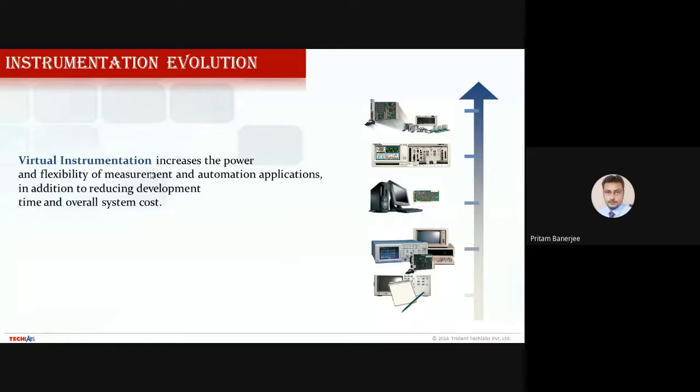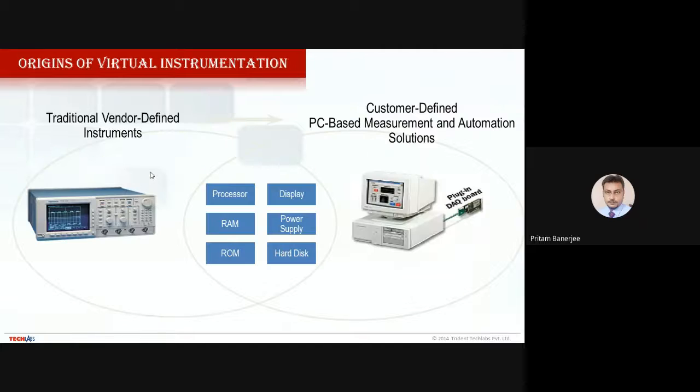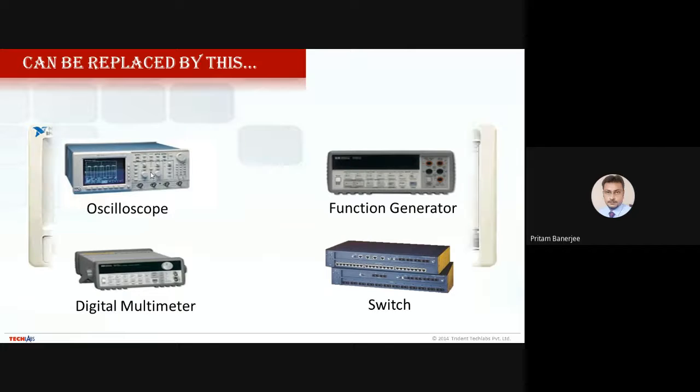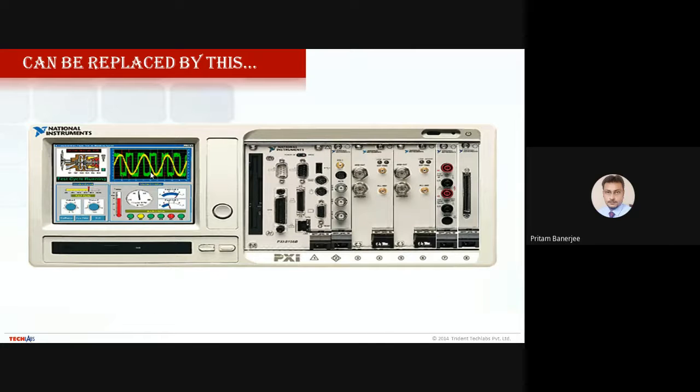One single instrument or data acquisition card might be a combination of 5, 10, or 15 individual instruments, replacing all those traditional instruments. These were the separate traditional instruments. Now National Instruments developed data acquisition cards, which are a combination of all those instruments.